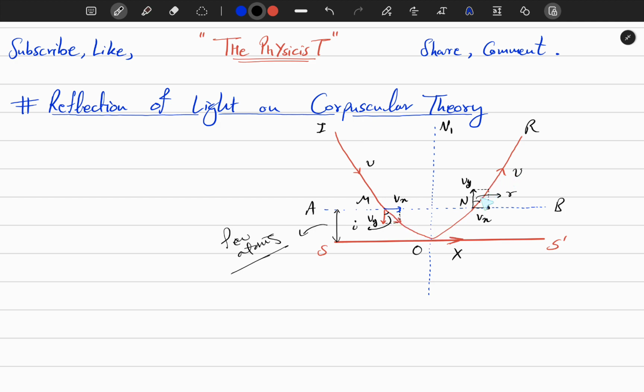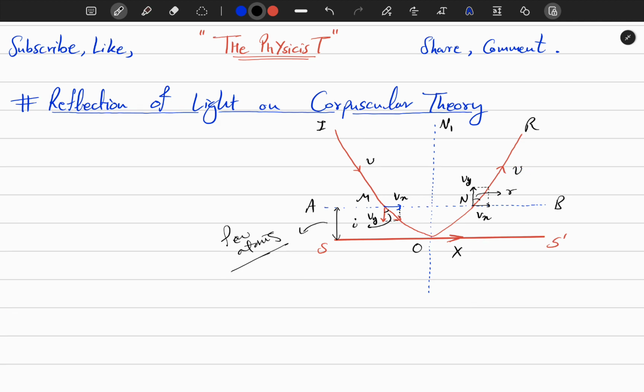Otherwise, from N to R and from I to M, no force was acting. Okay, so here the velocity of the corpuscle was V, and here it is again V. So as we see, only the y component of the velocity changes, but not the parallel or the x component of the velocity.